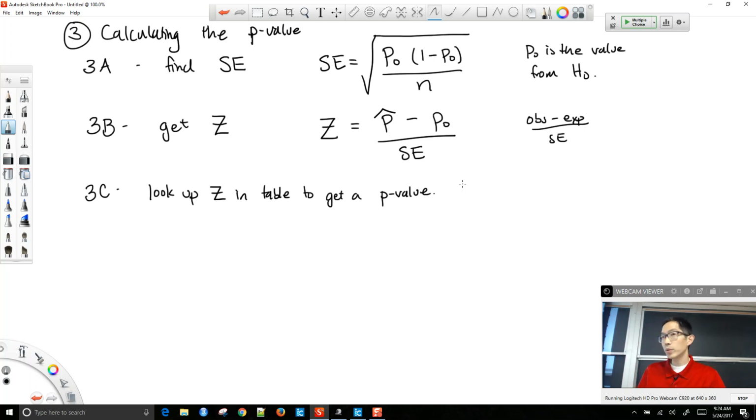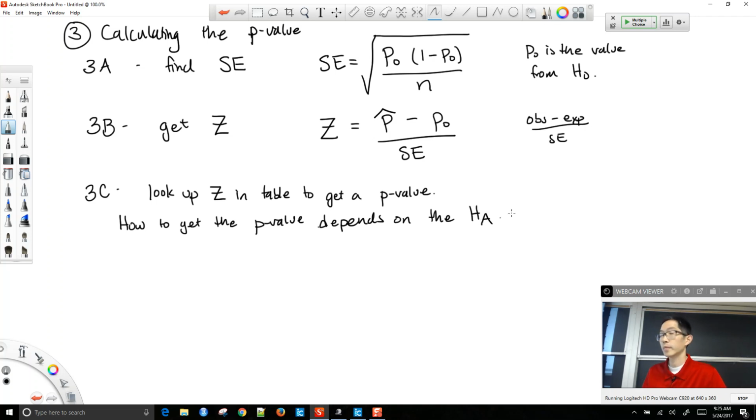How to get the p-value depends on the alternative hypothesis.